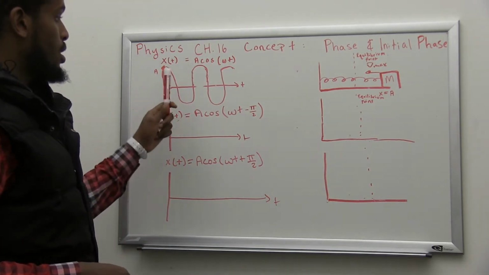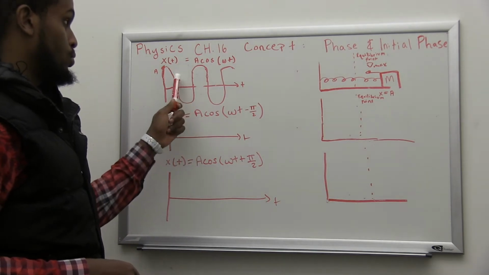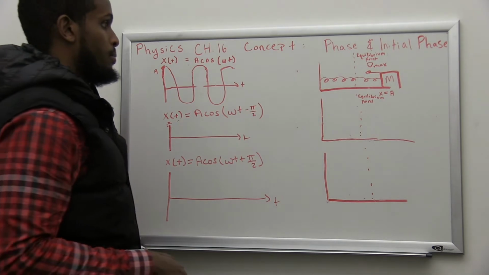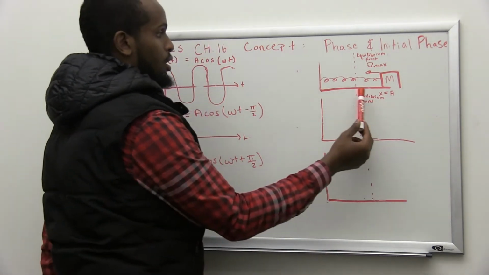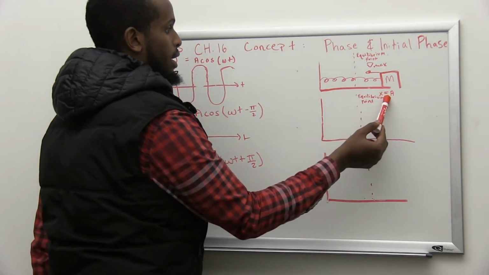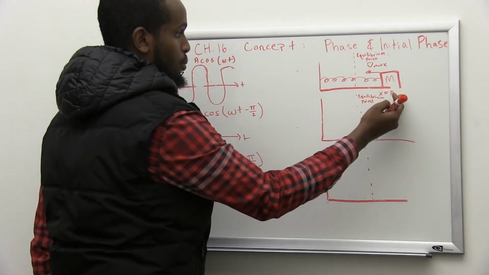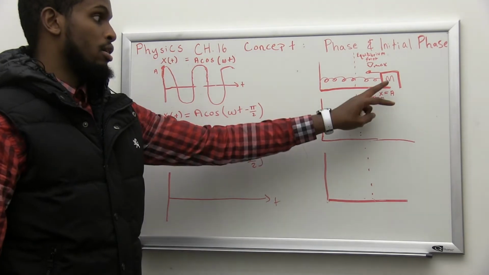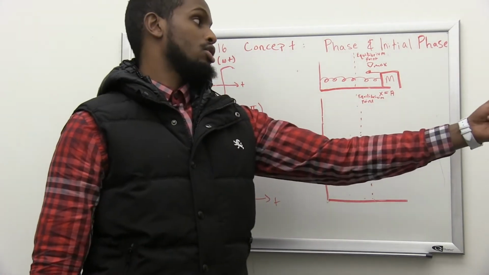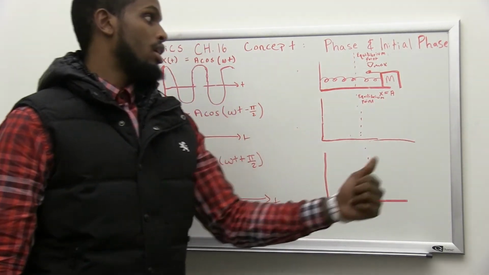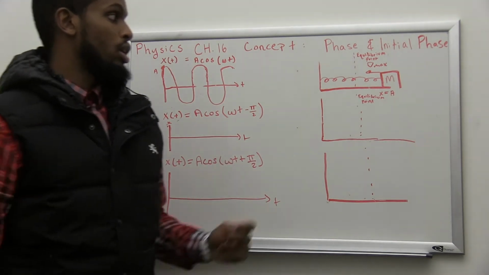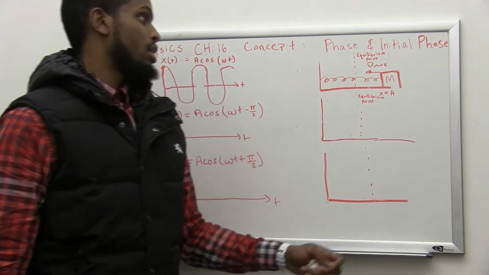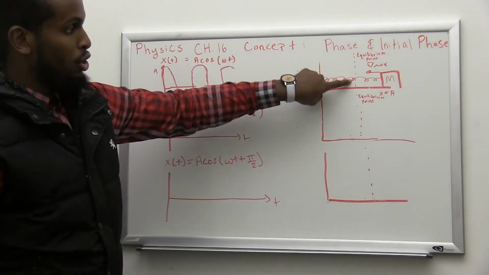So if you use this graph and depict it in a scenario like a mass and a spring constant, it's going to look like this. At our initial time, x of 0, our block is stretched all the way to the left side, to the position x equals A, past our equilibrium point.